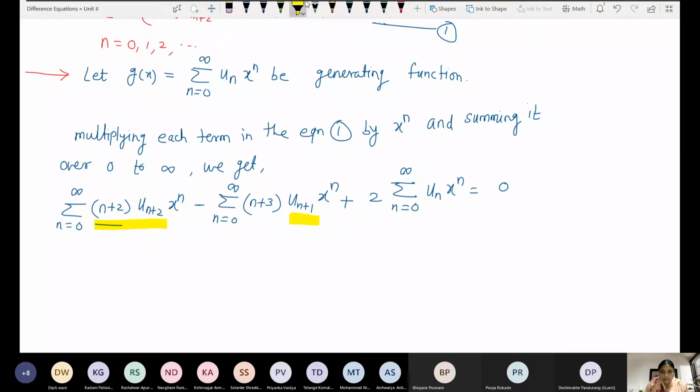In third term it is un x raised to n is there, so I no need to change the indices. But in first two terms I need to change the indices. So what should I change here? I want instead of un plus 2, I want here un. So n is equal to 2 to infinity.